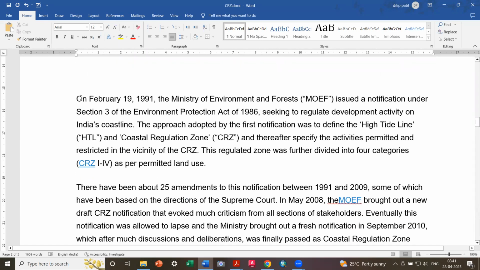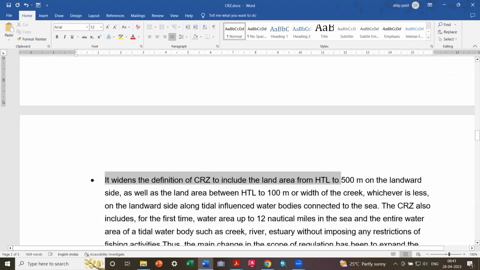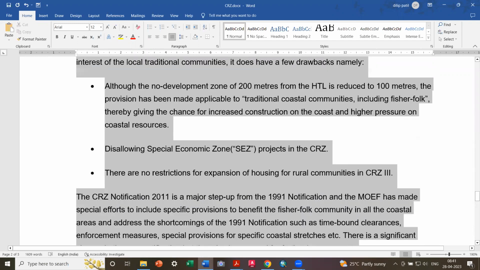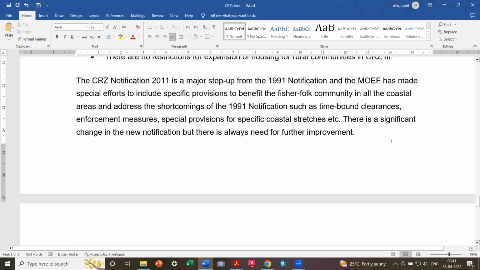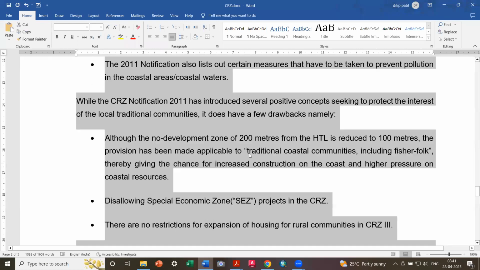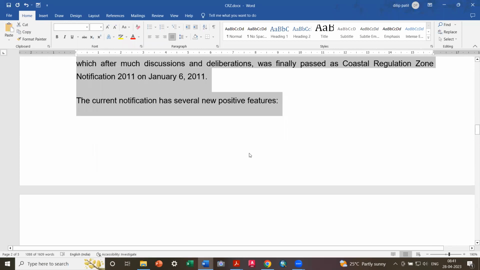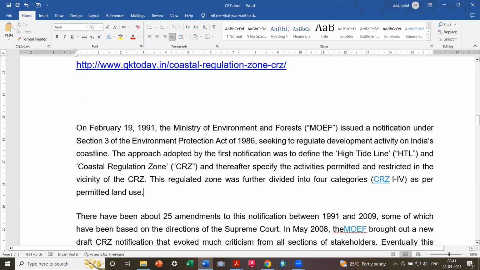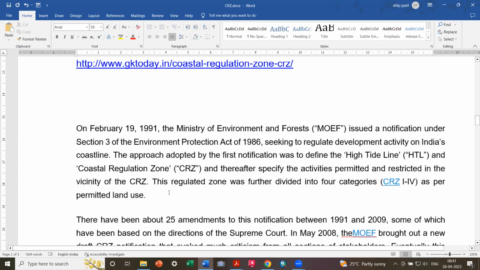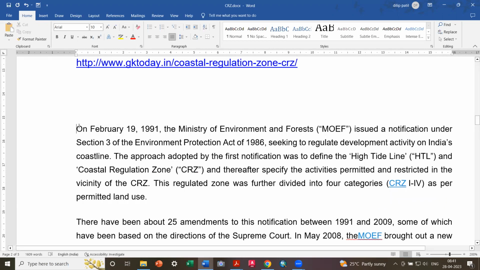We'll see further. On February 1991, the Ministry of Environment and Forest issued a notification under Section 3 of Environment Protection Act 1986, seeking to regulate the development activity of India's coastline.